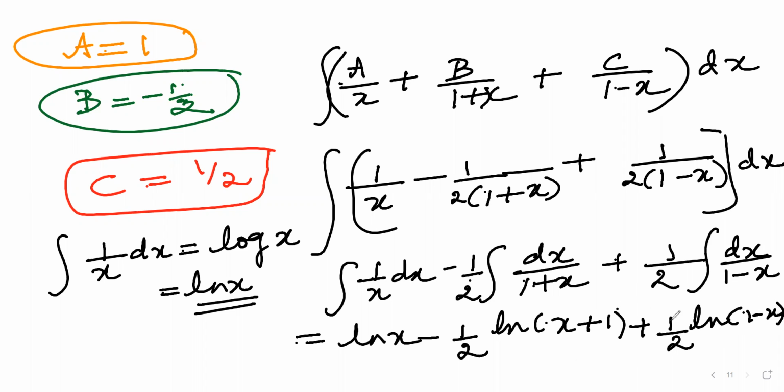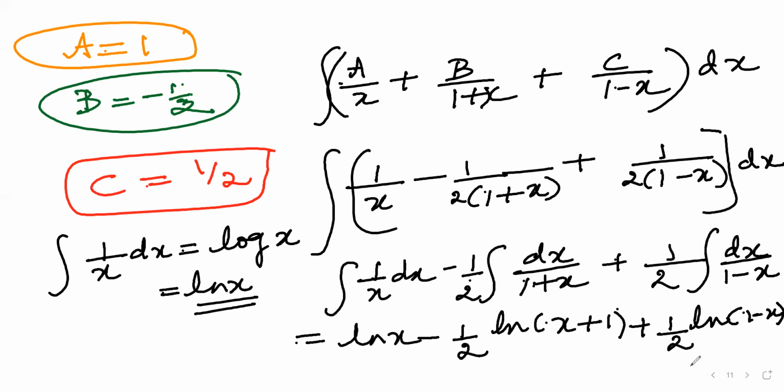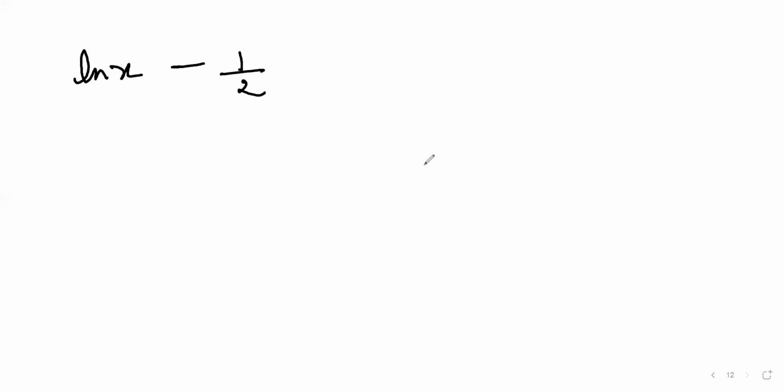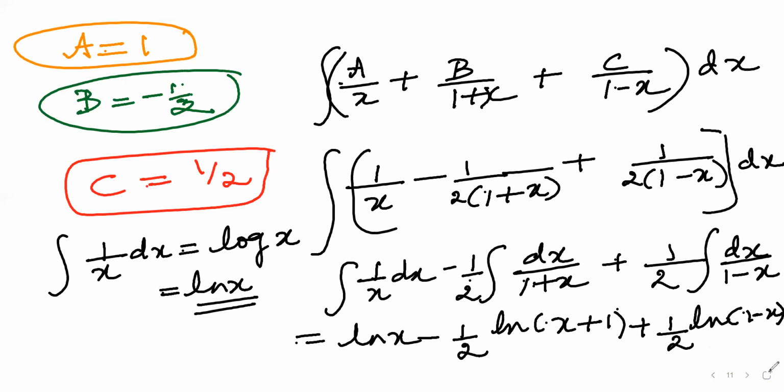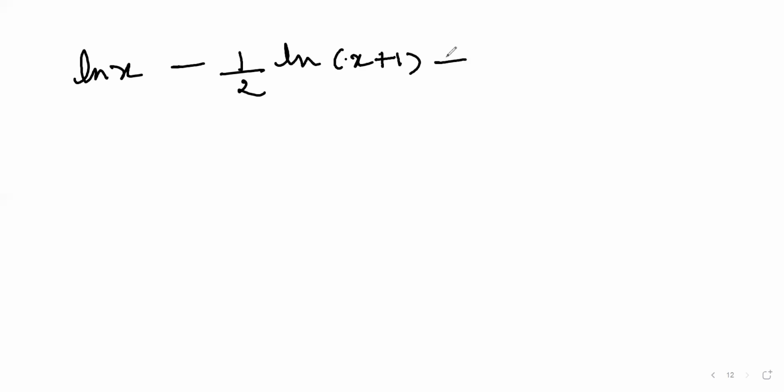Base e is implied, isn't it? That would be ln x minus half into ln of x plus 1 plus half into ln of 1 minus x.